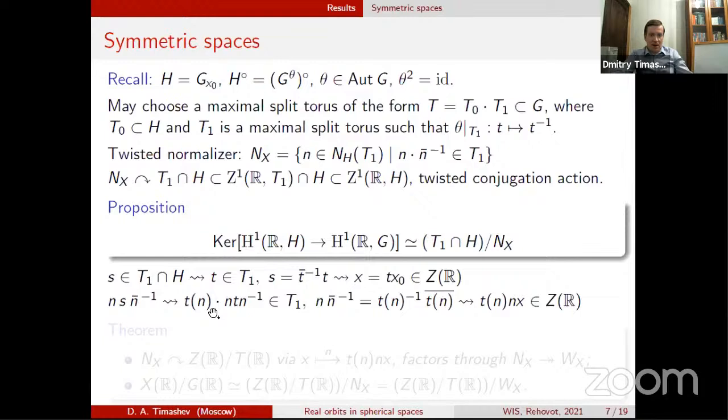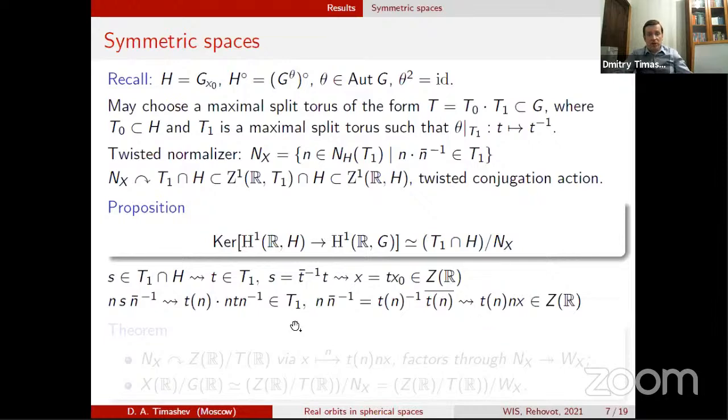It is defined up to translation by a real element. But this element has to satisfy this equality. So if you replace S with another cocycle, then this point X will be replaced with another point, which is written here. So you basically apply the usual action of this twisted normalizer with an additional shift.